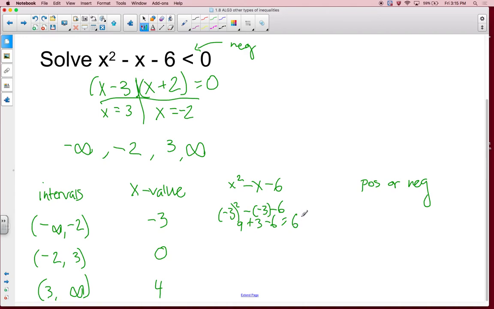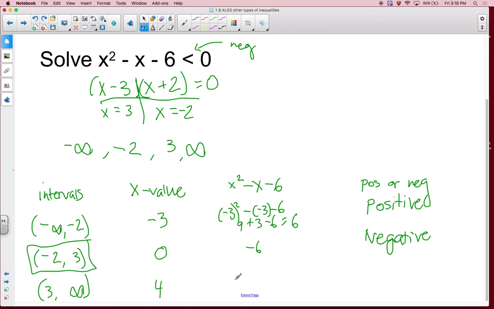Okay, so that is a 6, and therefore this is positive. So we don't want positive values. That one is not going to work. Moving on to plugging in a 0. 0 minus 0 minus 6 is -6, and that one came out to be negative. So this one is part of our solution.